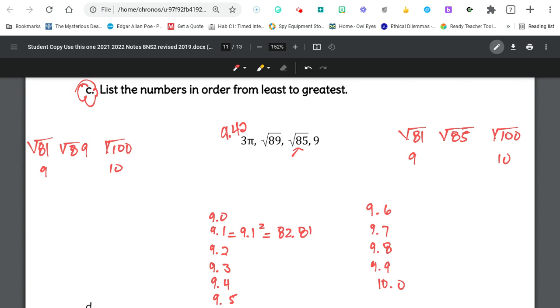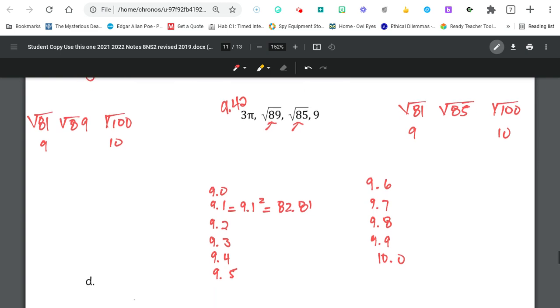That's not close to 85 or 89. So I'm going to start off down here with 9.5. It's 90.25. I'm pretty sure 89 is in between 9.4 and 9.5. Yeah, it is. So 89 is in between these two.